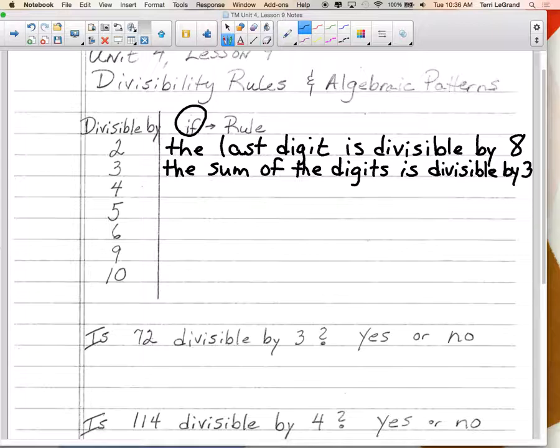Okay, so get that written out. So you know that a number can be divided by 3 if, when you add up all the digits, you can take 3 into that number.